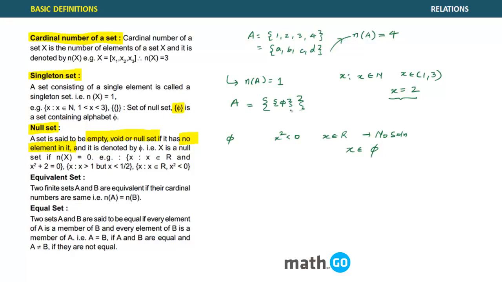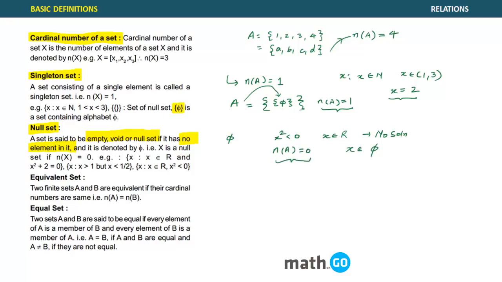Now this will not be counted as an empty set because it contains an element. So if I ask the cardinality of this particular set, then the cardinality would be 1. Cardinality will not be 0. Whereas if I say that it is empty, then the cardinality of an empty set, let's say, will be equal to 0 for the null set.